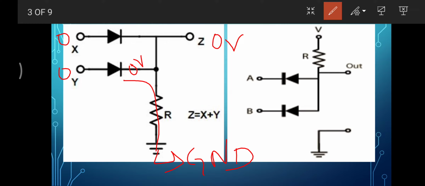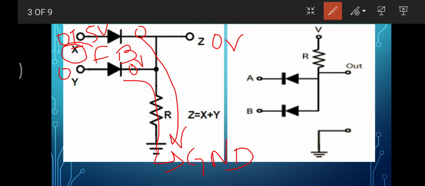Now if we convert this 0 to 1, any 1, now when you applied 1 to one of the diodes, let's say we did this with X, what you can see is now this side of the diode is 5 volt, and this side of the diode is connected to the ground, hence this is now forward biased.